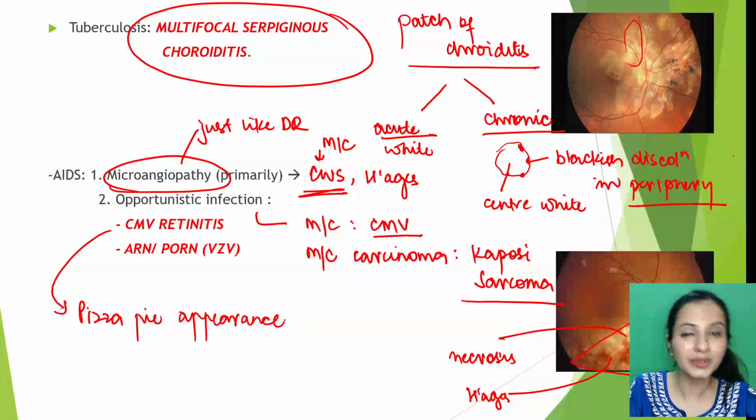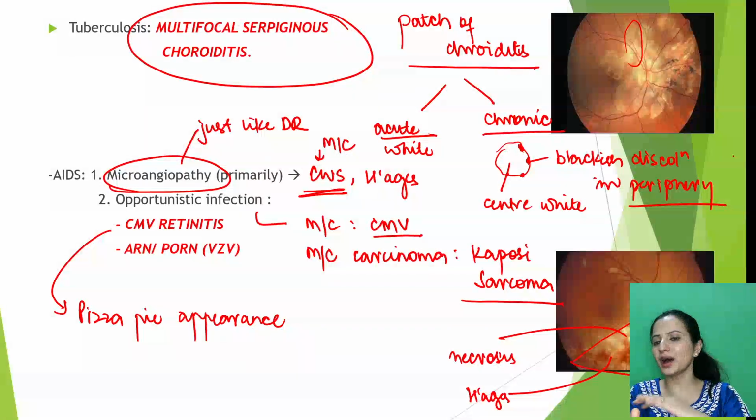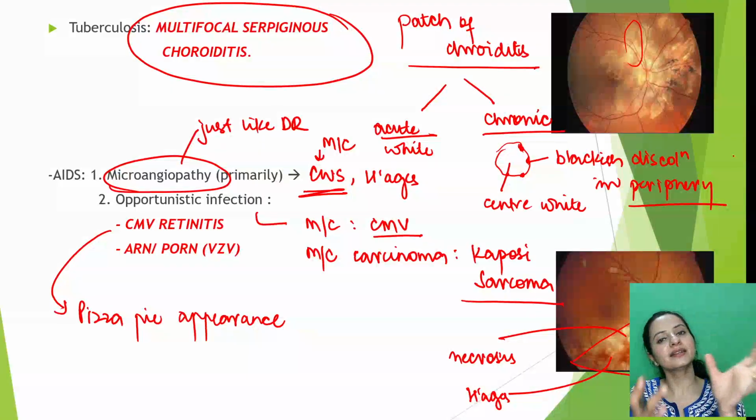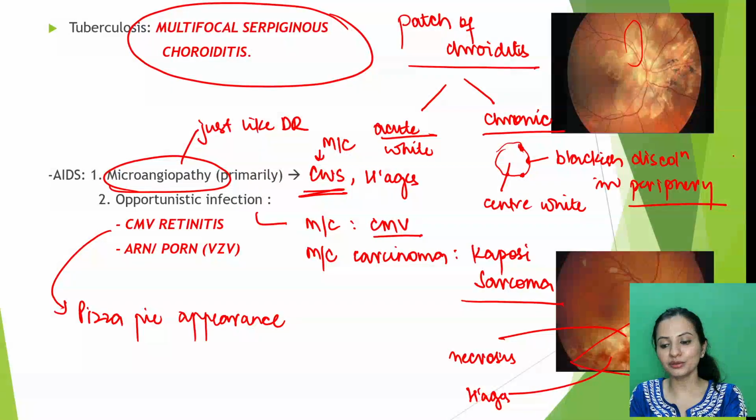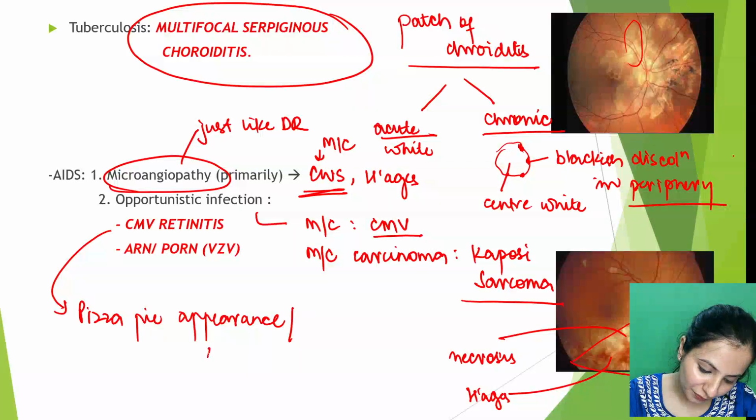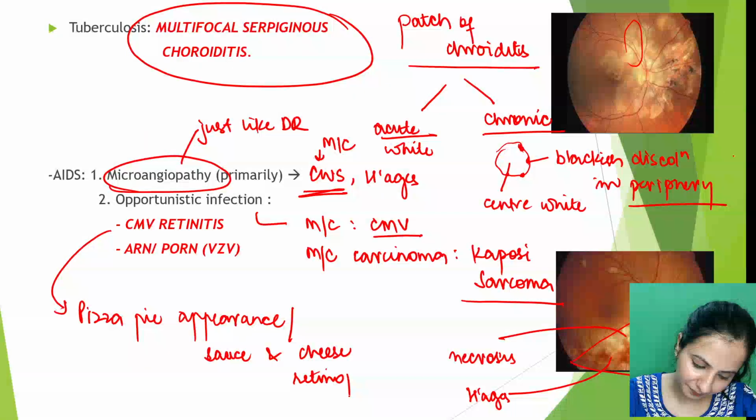Just like when you eat a piece of pizza, you have both cheese and sauce, so it alternates. That is why it is compared to pizza pie appearance, or your sauce and cheese type of retinopathy.